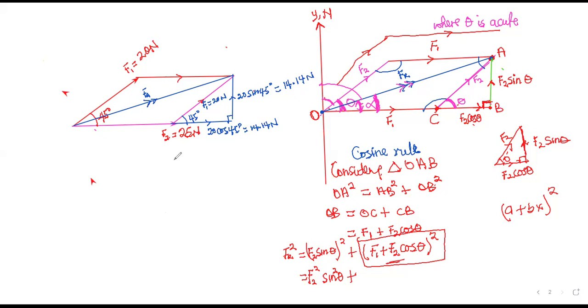So if I want to determine the resultant, F, the square of the resultant is equal to the square of the opposite, so 14.14 squared, plus the adjacent.